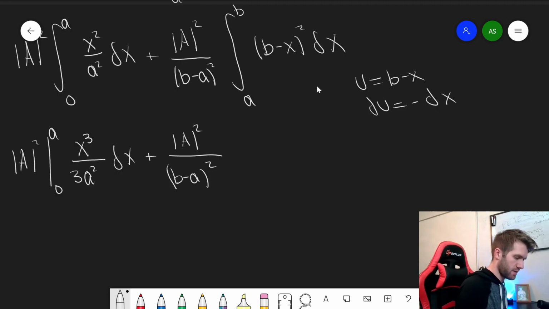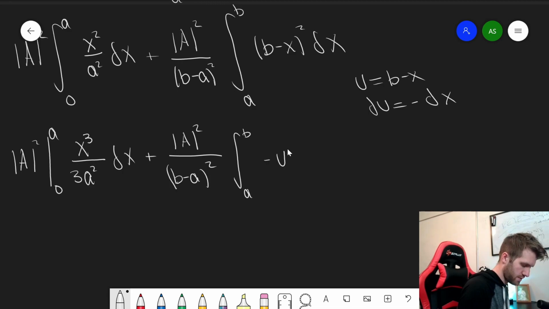And if we plug those in, from a to b, we have negative u squared du. I'm not going to change the limits just because I'm going to substitute this back in.